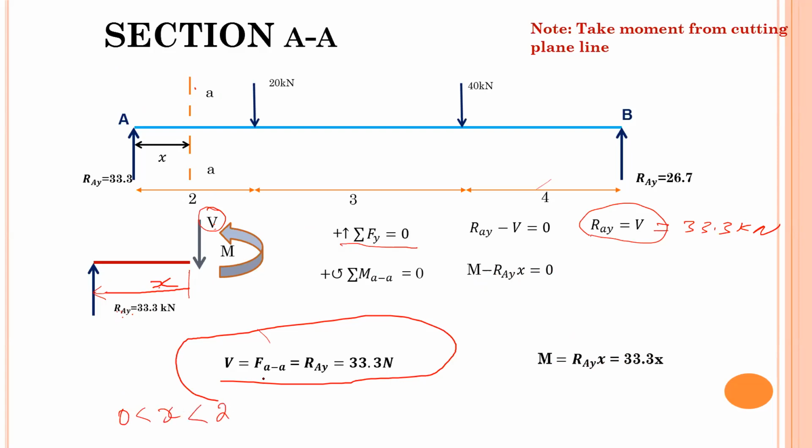Between 0 and 2. So you put in 0 for this guy here. You see that your bending moment will start from 0. You put in 2, you see that it's going to go up to what? 66.6 or something like that. If you put in 1, it's going up to 33.3. All right, let us look at what happened here. So let's go to the next slide.